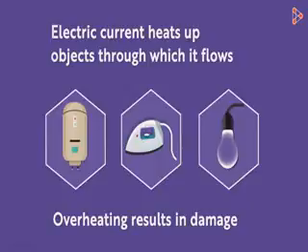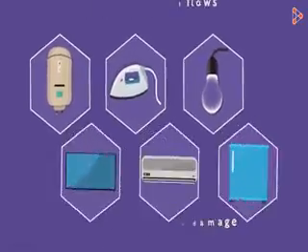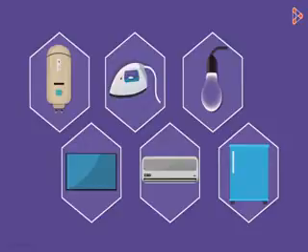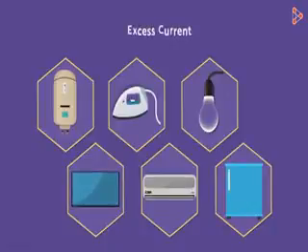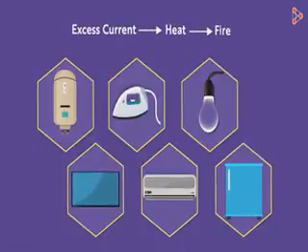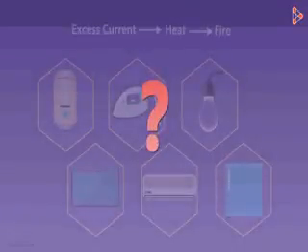Overheating results in damage to all types of electrical appliances, like television, air conditioner and washing machine and all other devices present in our home. They are damaged because of excess current. So excess current heats up the objects and the wires, and after that it causes fire.